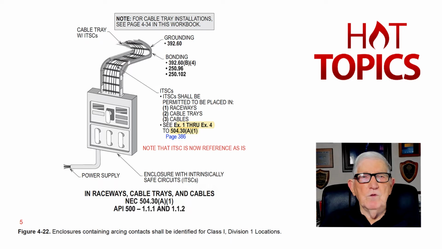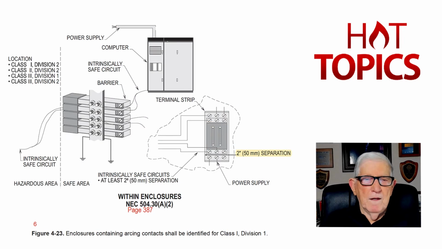Now let's move to our next figure, and that'll be figure 6. And we're talking about enclosures. 504.30(A)(2) on page 387 if you look it up. And notice we need a separation of these intrinsically safe circuits of at least 2 inches in accordance with 504.30(A)(2), or we could have the non-metallic barrier between them to separate them.